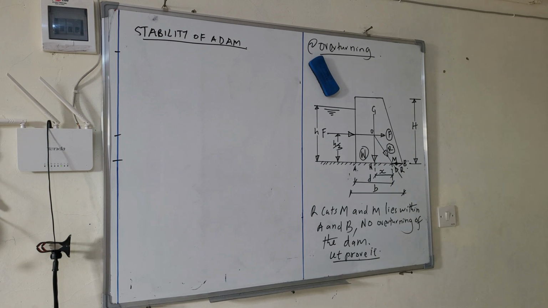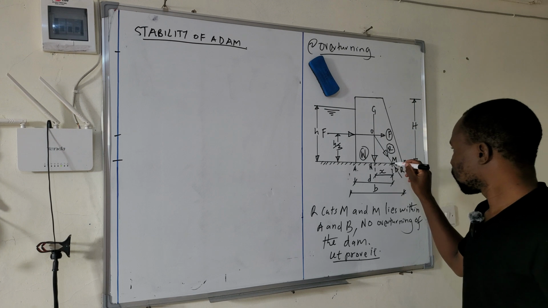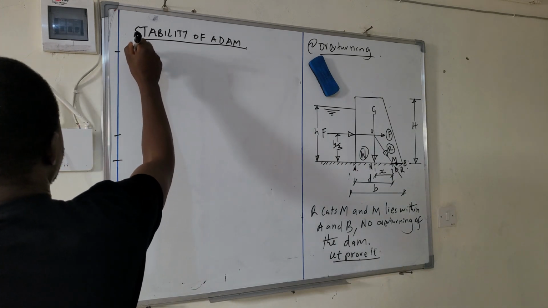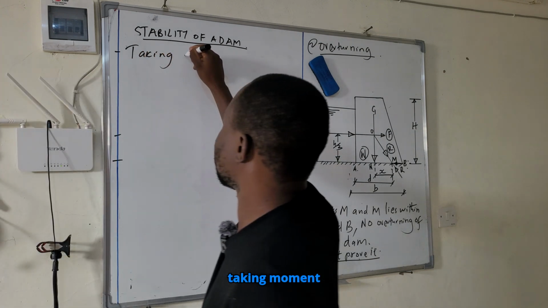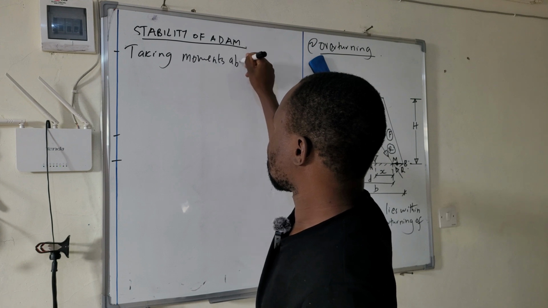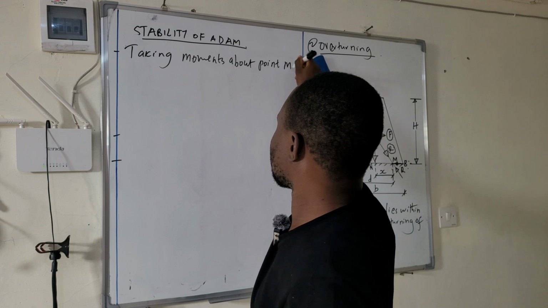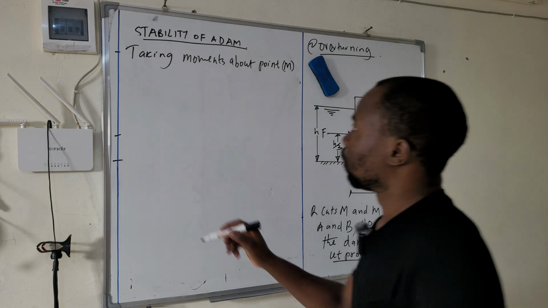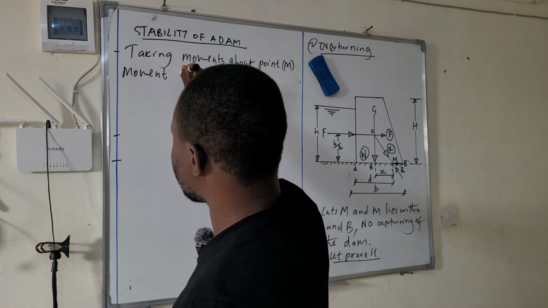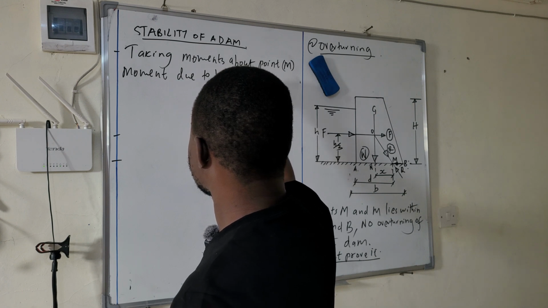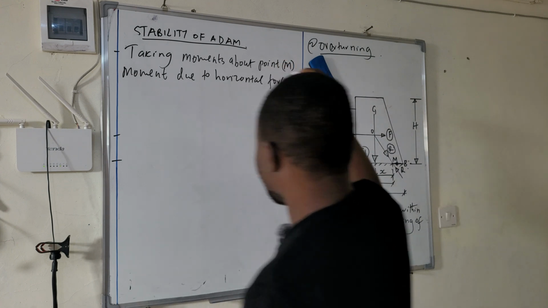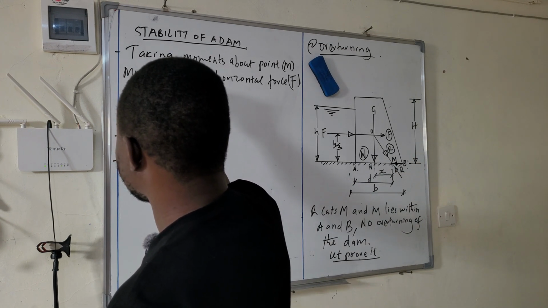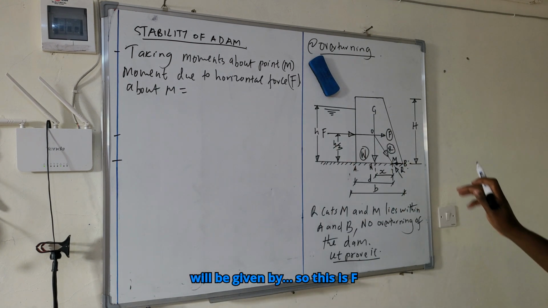So I'm going to prove this statement by taking moment at this point M. So taking moment about point M, moment due to horizontal force F about M will be given by, so this is F.